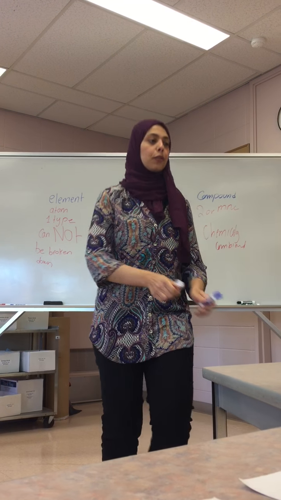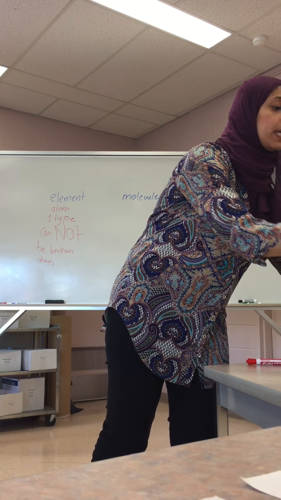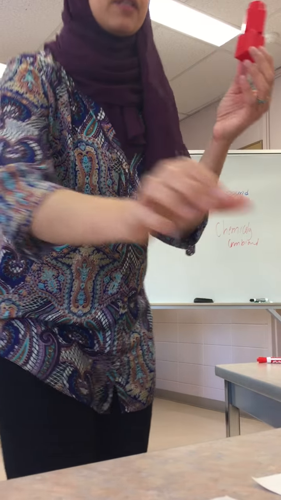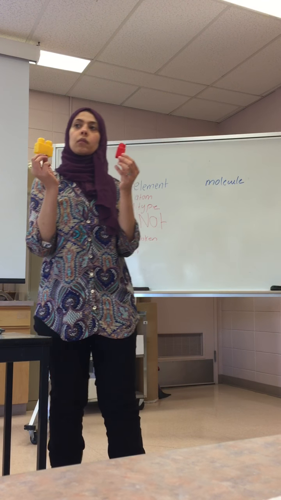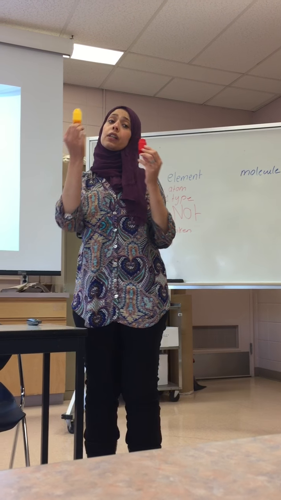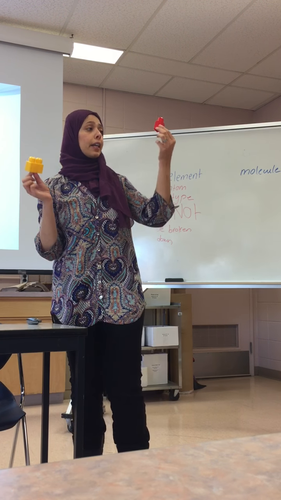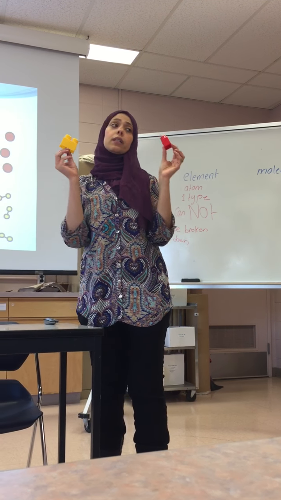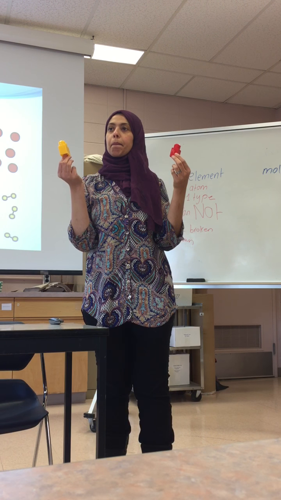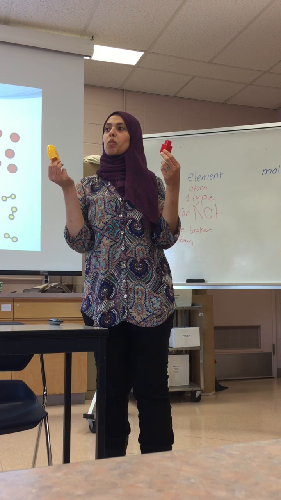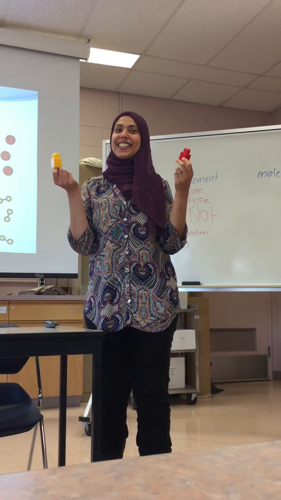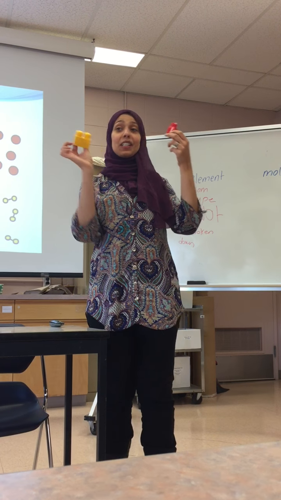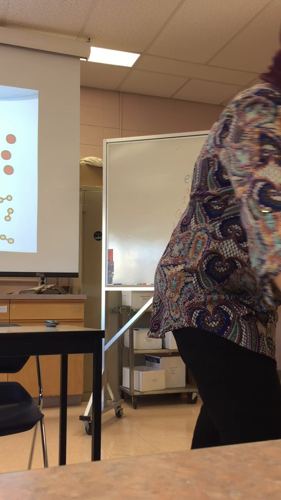What about the molecule? Can you tell me the difference between this or this and this? You said that this is an element, right? And you said that this is an element, right? What is the difference? One is red and one is yellow. Okay, another difference. There's 2 and 1. Very good.